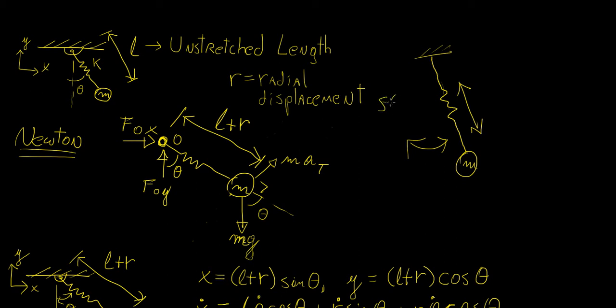So this is not going to be a constant value, but it's rather going to change with time as well. So that's going to make things a lot more complicated for us to analyze.